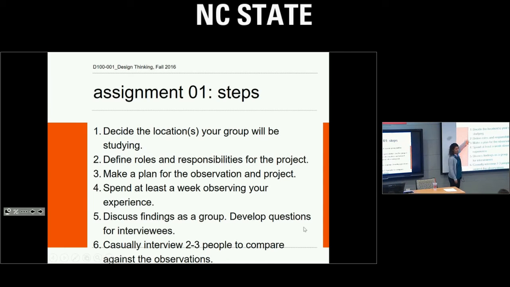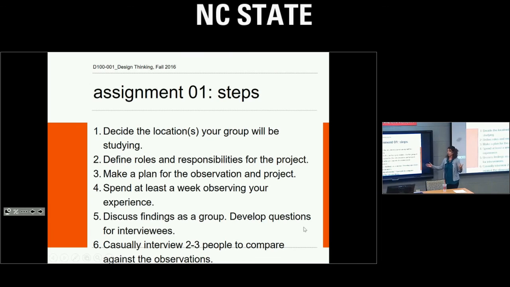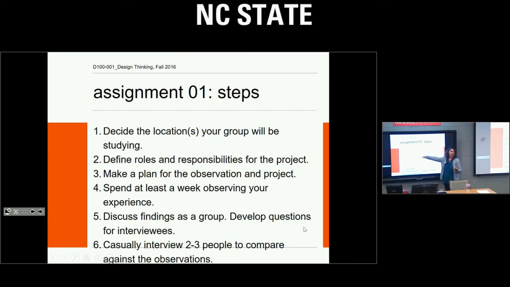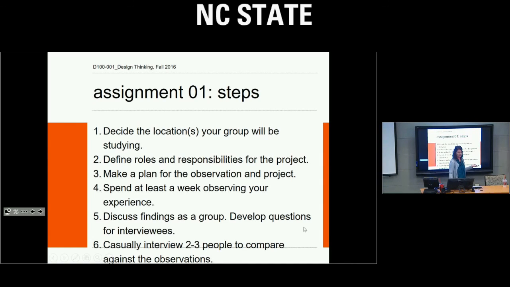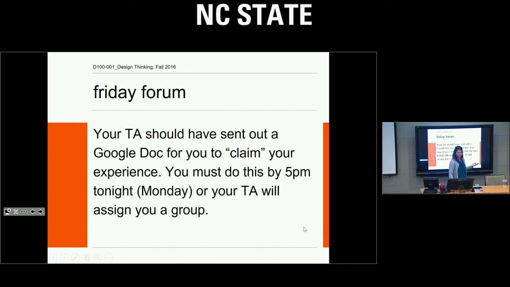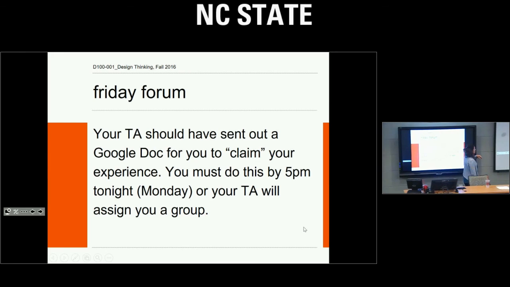So we're asking you to do all of this by Sunday, right? It's really just making the plan, and that's going to be part of the assignment that you're going to be doing. We're asking you to do that just so you're not leaving it until the last minute. So this Friday forum, we'll ask you to do those things.